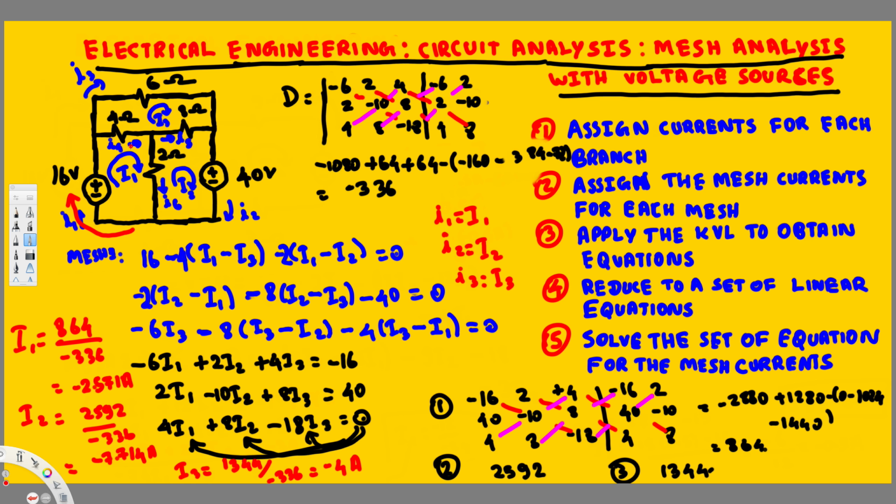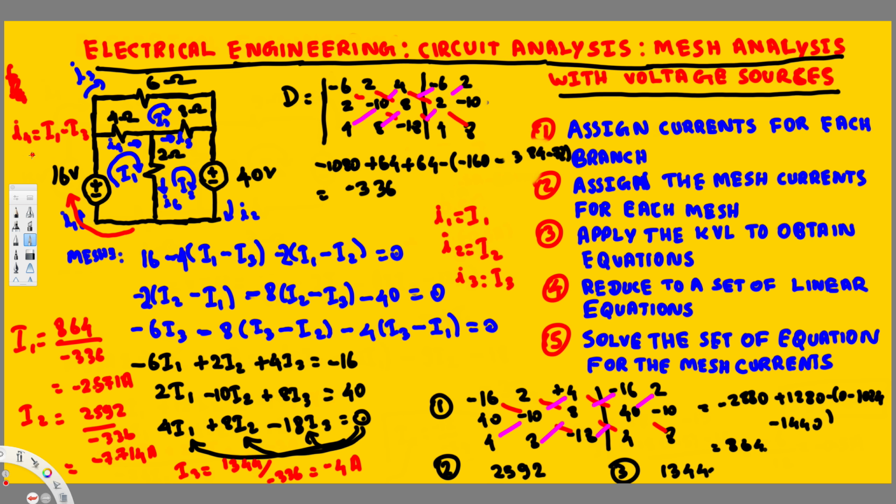And what about I4? I4 is different because I4, I mean small I4, if you notice there's I1 traveling through this, I3 traveling through this, right? So I4 is going to be positive I1 because I1 is traveling along the I4's direction, the direction we assumed. So this is going to be positive I1, and I3 is against this one, so this is going to be minus I3, right?